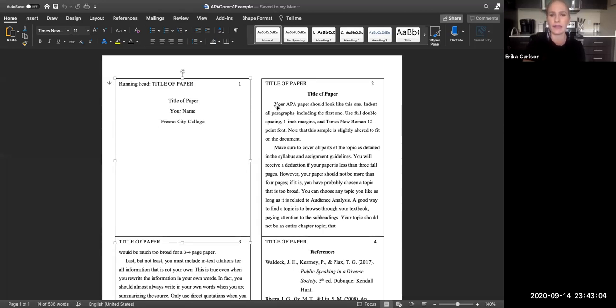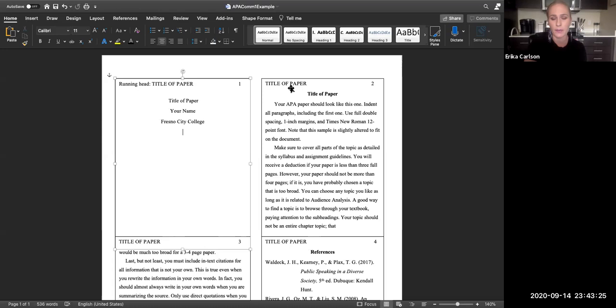So let's look at the second page of this APA formatted paper. We've got the title of the paper, which matches the title of the paper on the cover page. However, you don't include the running head anywhere else on this document. This is going to be the second page.